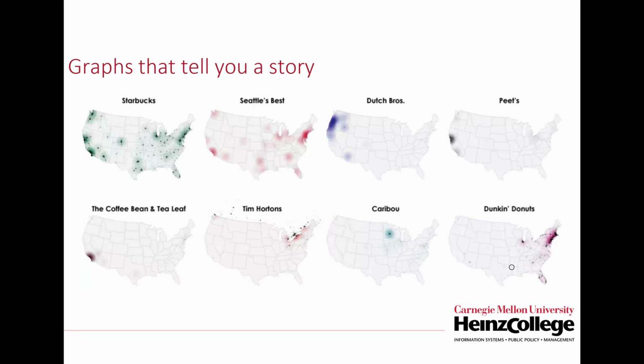They don't have lots of tables of numbers with names of cities and so on and so forth. But they do convey very important meaning to somebody who's trying to understand what coffee vendors are popular in various parts of the country.